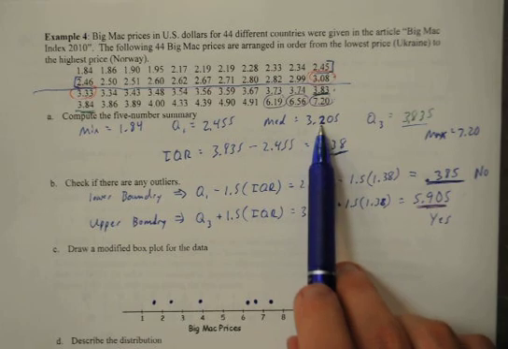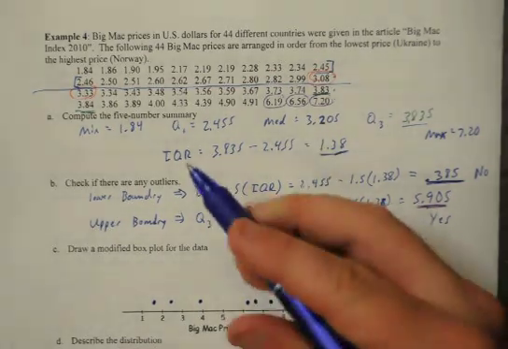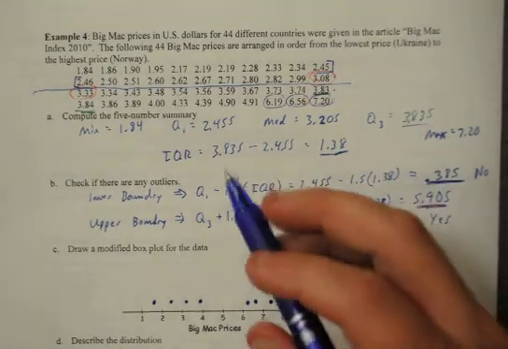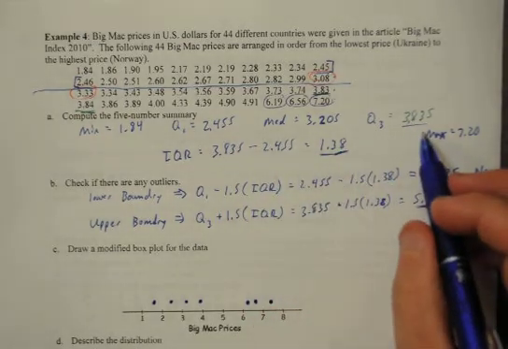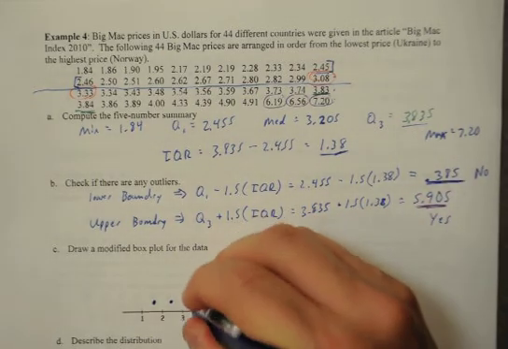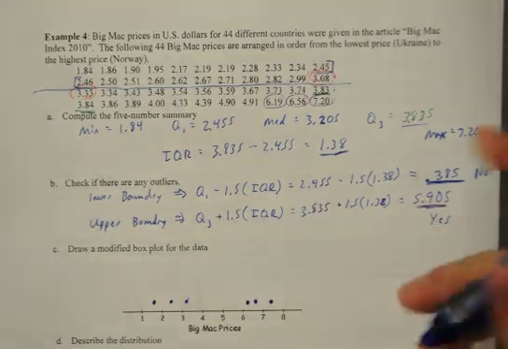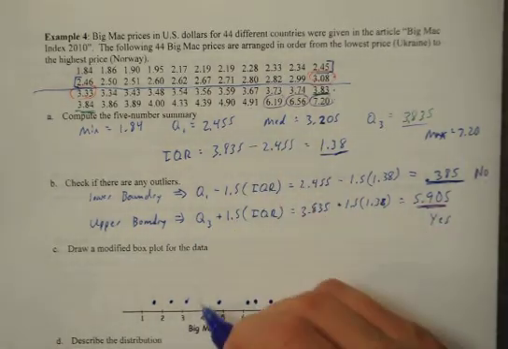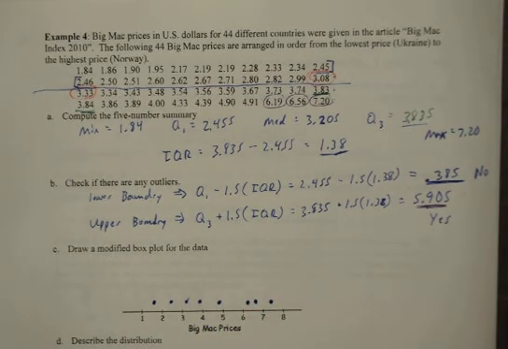Your median, 3.2, and your upper quartile, 3.8. I got that point wrong, I'm sorry. 4.9 is right there. Silly me. 3.8. Okay.